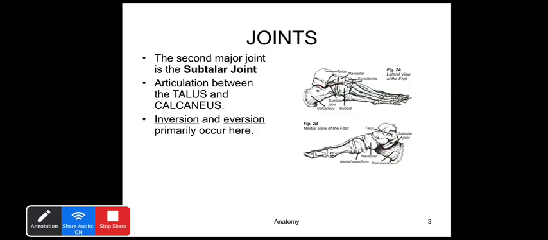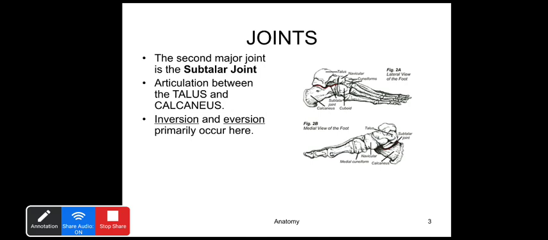Coming to the important joints, of course it was already discussed in the joints of the foot class, but still we'll discuss briefly once again the subtalar joint. It is the second major joint after the ankle joint in the foot. It is the articulation between the talus and the calcaneum.